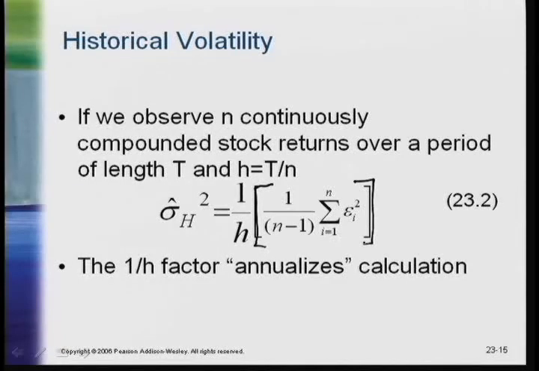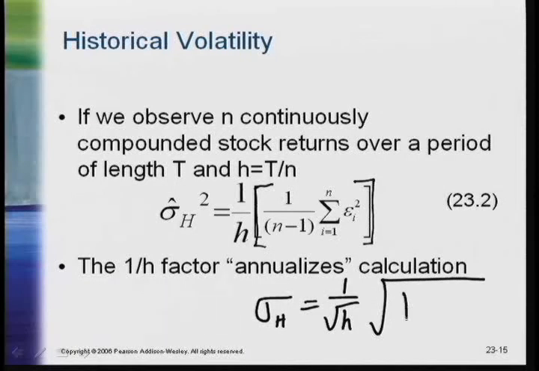Now notice what's then done is it's annualized by dividing by h, the time period. This is consistent with our thinking of standard deviation as going with square root time. I'll just call this variance with a hat.